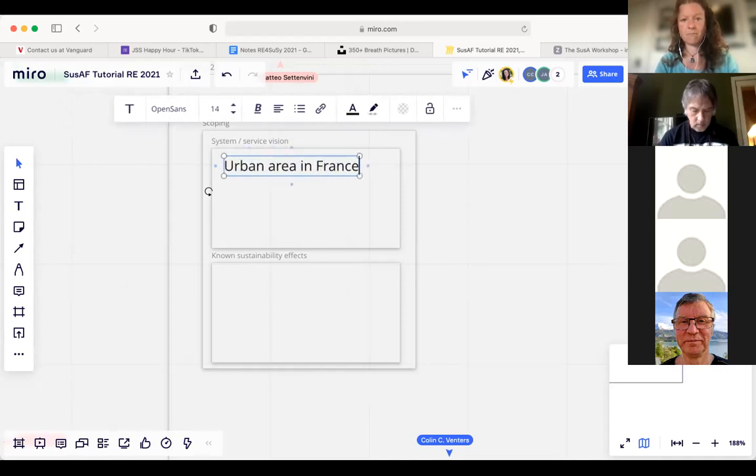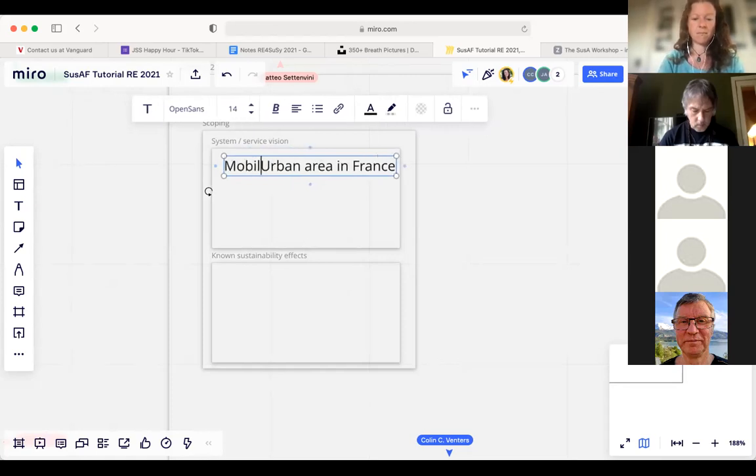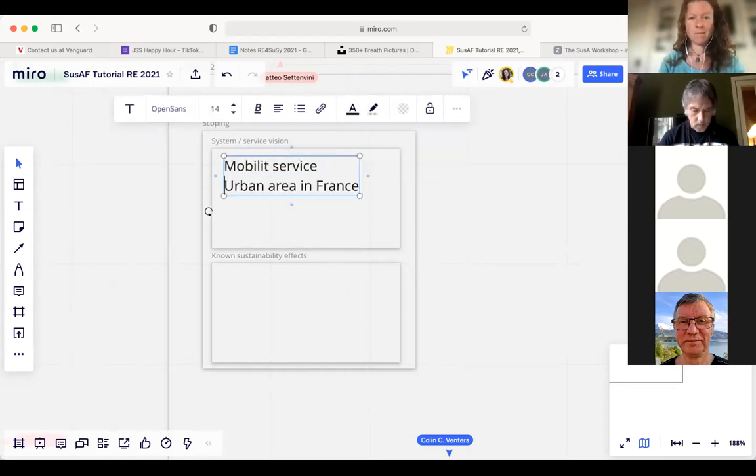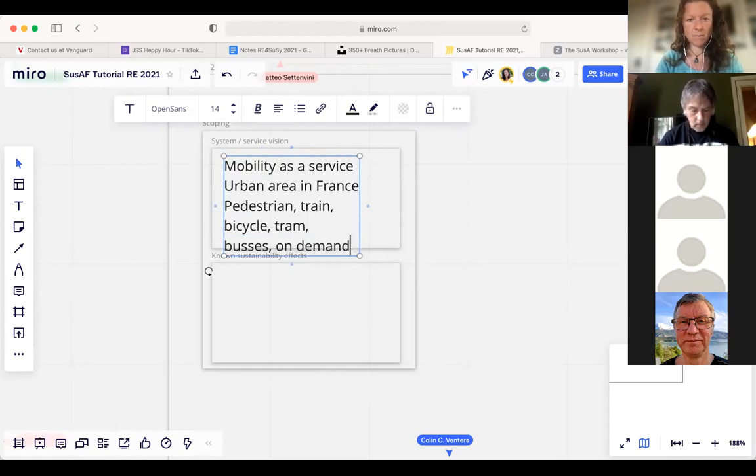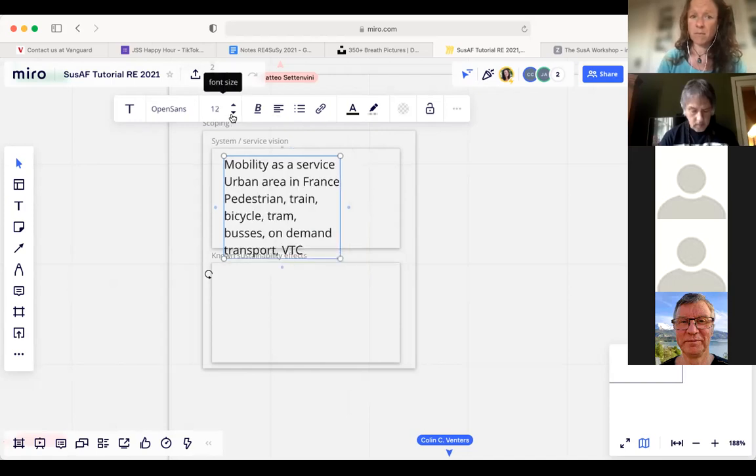For instance, we have pedestrian, of course, bicycle, train, long distance and regional, underground, tram, buses, on-demand transport, and also VTC. I think I mentioned the main ones for now. Taxis, of course.